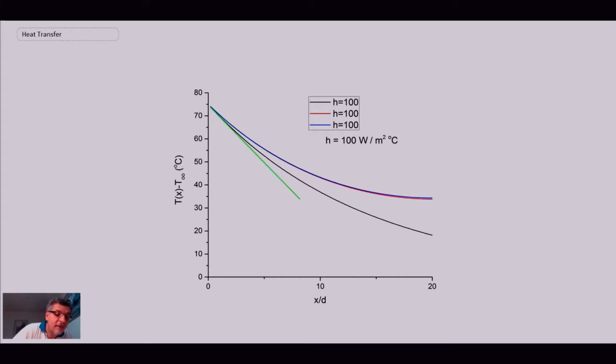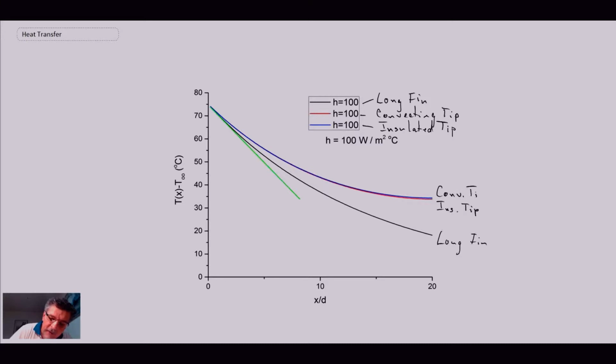The first one, you won't see it here, but this was for the long fin, so that is black, and then we had the convecting tip, and then finally we had the insulated tip. And what you can see is that the long fin is here, and the convecting and insulated tip are here. So those two solutions are quite similar.